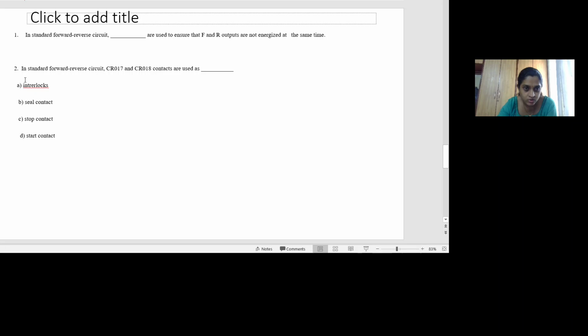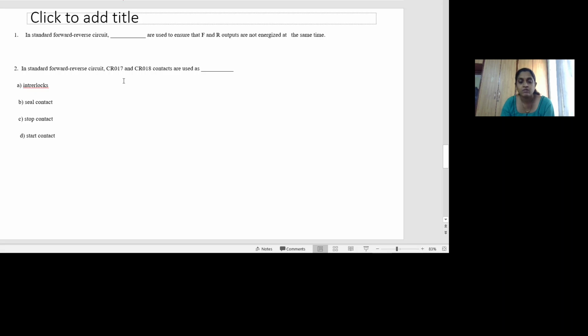The second question is: in a standard forward reverse circuit, CR17, CR18 contacts are used as dash. So you have the output coils named CR17 and CR18, and the contacts are given the same names, CR17 and CR18.